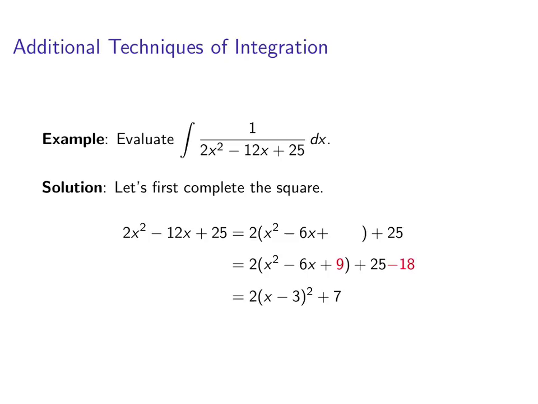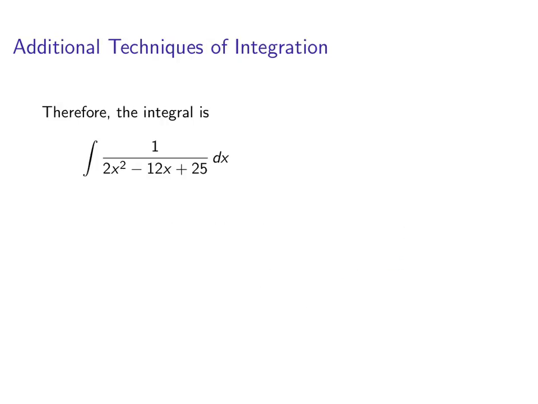Okay, so we've completed the square. That x squared minus 6x plus 9 turns into x minus 3 quantity squared, and then the 25 minus 18 just turns into 7. Okay, so let's rewrite our integral. So we've completed the square in the denominator.